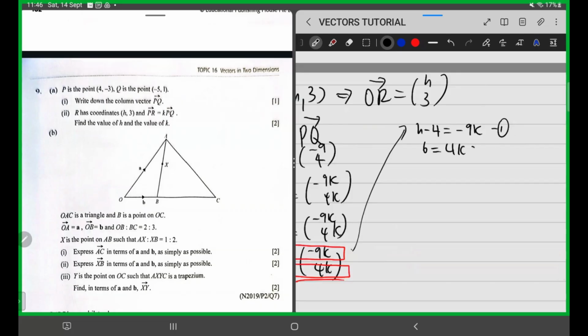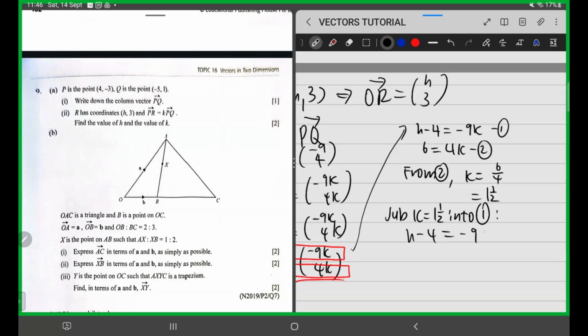So here is 2. From 2, k is 6 over 4, which gives us 1.5. Then we sub k equals 1.5 into 1, and we get h minus 4 is -9 times 1.5, which gives us -13.5.